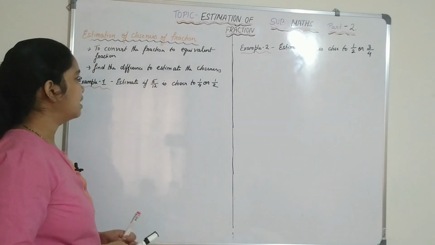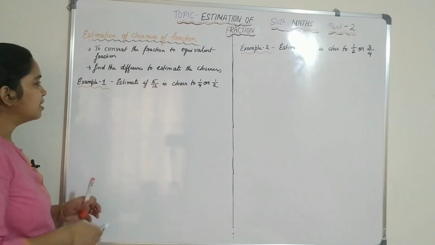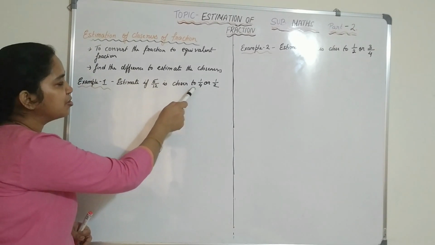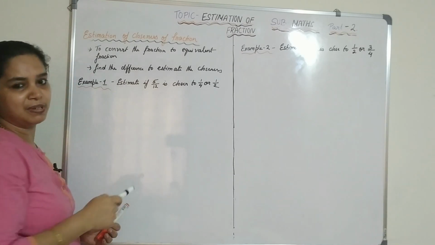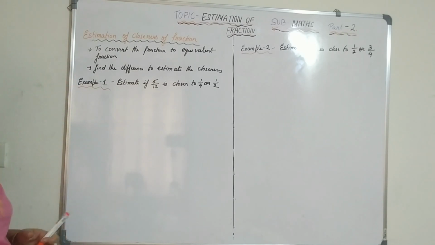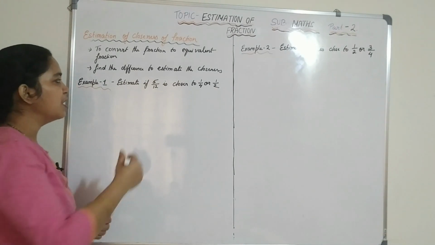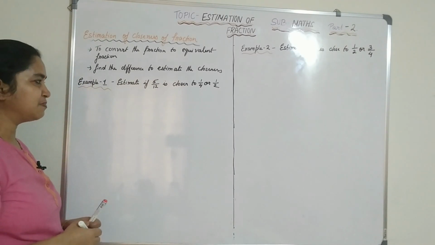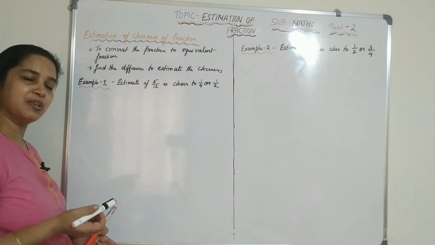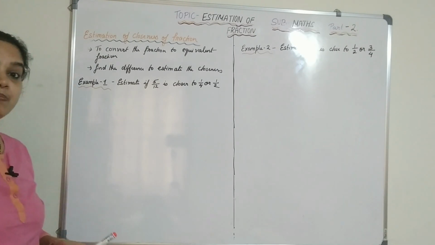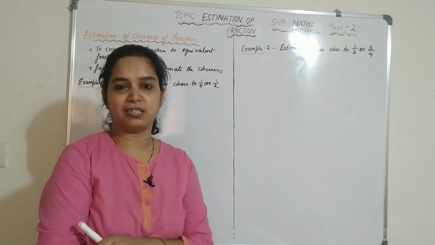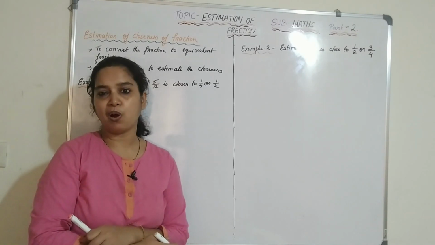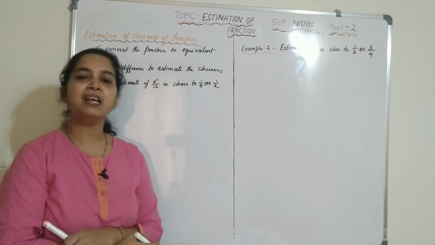Now today we have certain examples to make it clear how the estimation of a fraction can be done. For example, estimate whether 5 by 12 is closer to 1 by 4 or 1 by 2. To which is it closer? 5 by 12 is a proper fraction, and 1 by 4 and 1 by 2 are also proper fractions, but they are not equivalent, because 5 by 12 is not equal to 1 by 4 or 1 by 2.